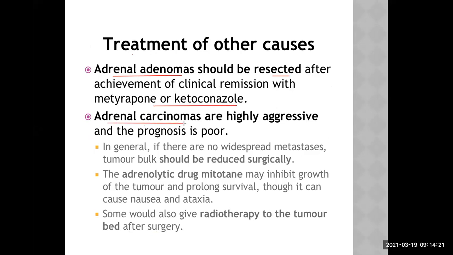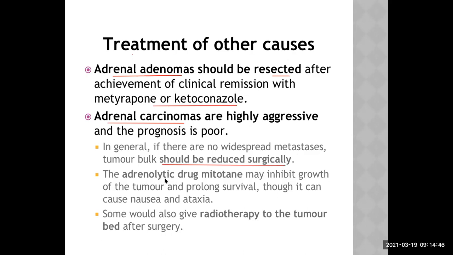Whereas adrenal carcinomas are highly aggressive and the prognosis is poor because it's a malignant tumor now. So in general, if there is no widespread metastasis, then tumor bulk should be reduced surgically. This is a surgical principle of treatment of malignancy, isn't it? If metastasis has not occurred, we can remove the tumor safely.